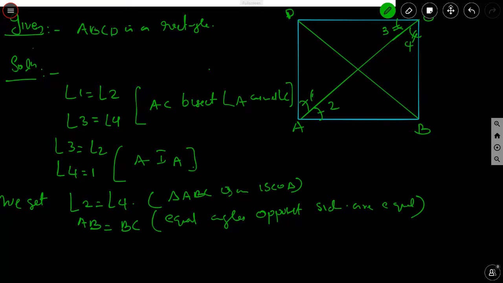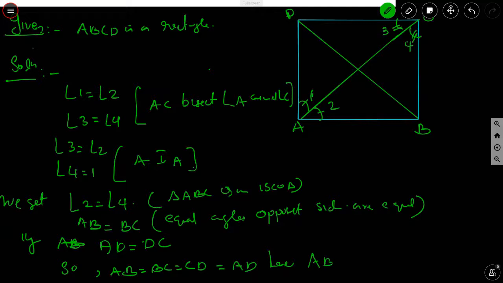So from the above you will get all sides. So let us write AB equal to BC equal to CD equal to AD. Hence ABCD forms a square. That is the first answer.